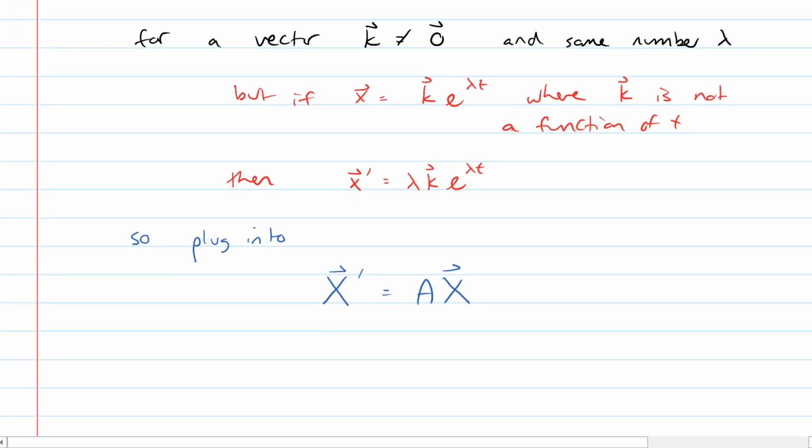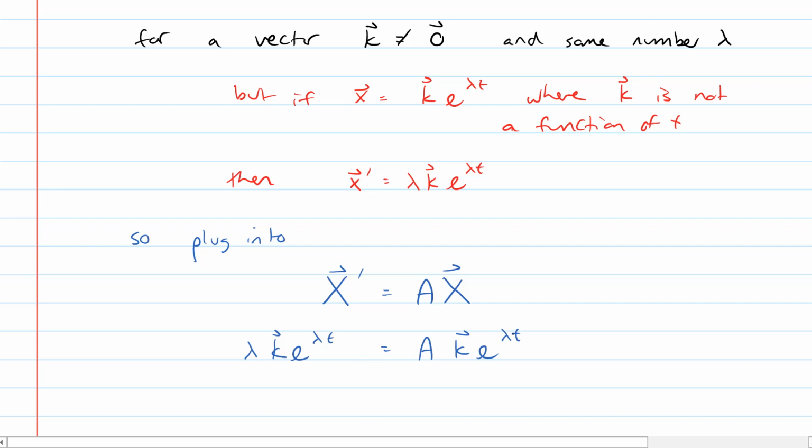Then what we found is that for each of these terms, if this is a sum, then lambda k e to the lambda t, where k is a vector. So each of these little vectors here is equal to the sum is equal to A times k e to the lambda t.